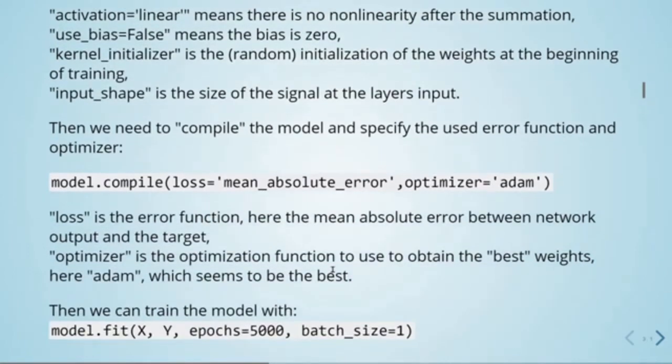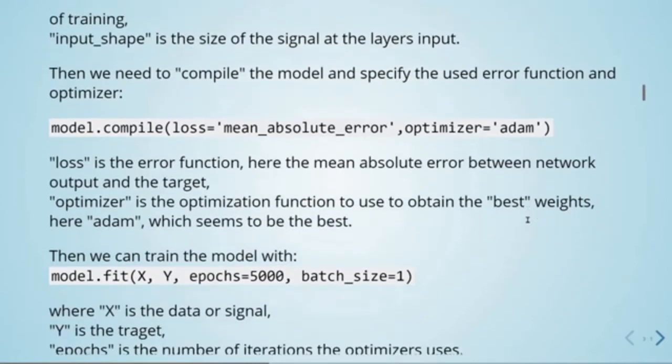So loss here is the error function, in our case the mean absolute error between the network outputs and the target. The optimizer is the optimization function to use to obtain the best weights. And here we are going to use ADAM.